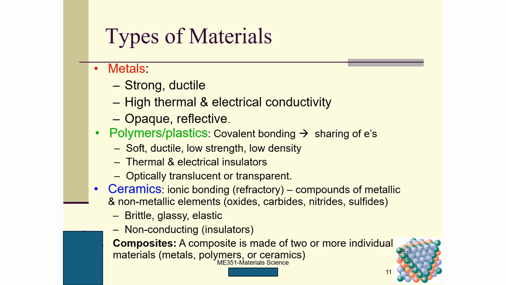The composite materials are the combination of 2 or more fundamental materials. You should know from this slide that we have 3 fundamental materials, and totally we have 4 different materials.